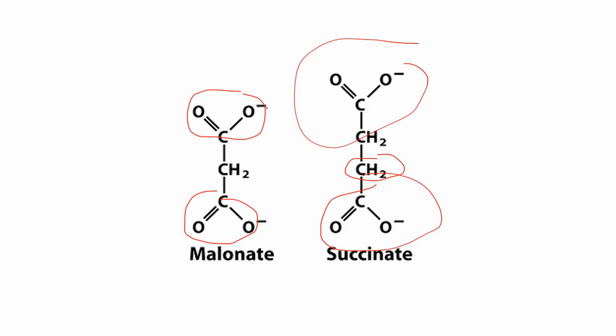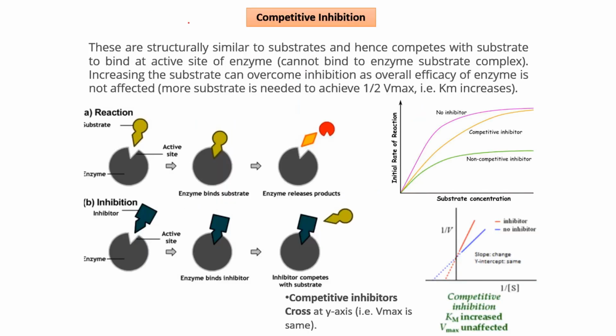So this type of substrates or inhibitors which are structurally similar belong to competitive inhibition. So what is that? They are structurally similar to substrates and hence compete with the substrate to bind to the active site of the enzyme. It cannot bind to the enzyme substrate complex, but it will compete with the substrate for the active site.